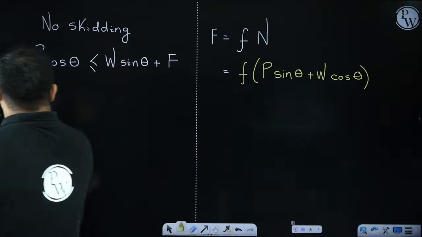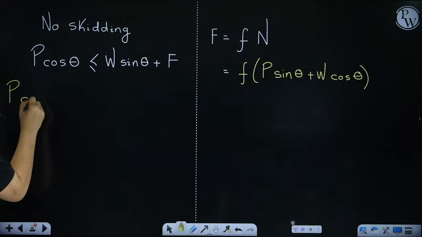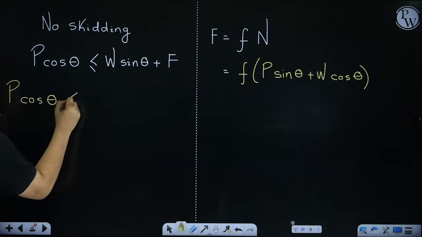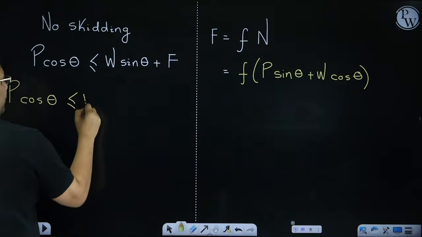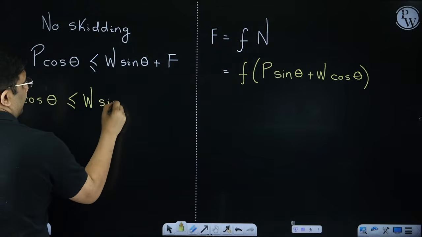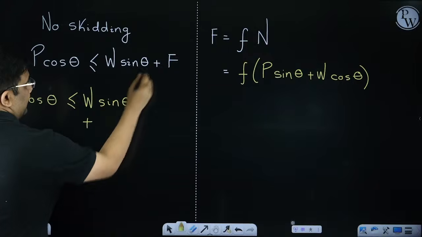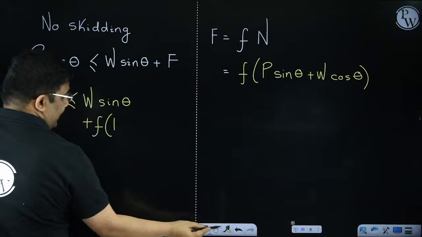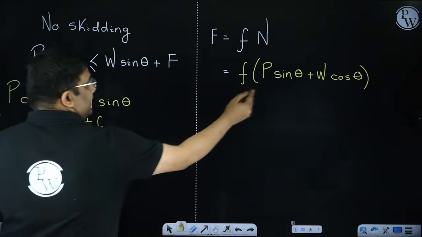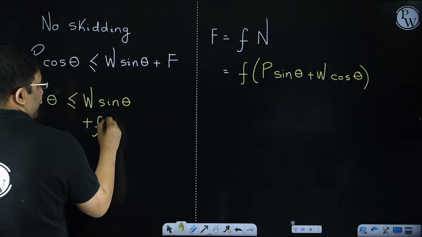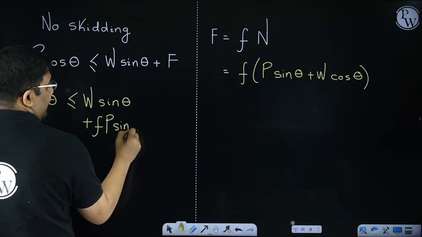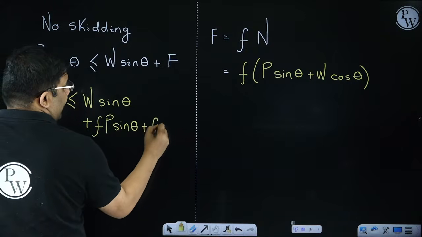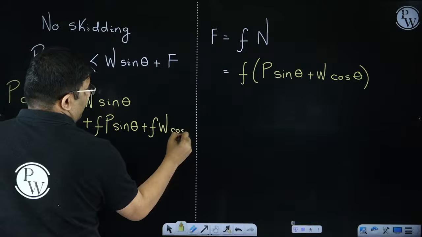This equation will become P cos theta less than or equal to W sin theta plus, in place of the frictional force, F times the bracket. Then I can open the bracket: F P sin theta plus F W cos theta.